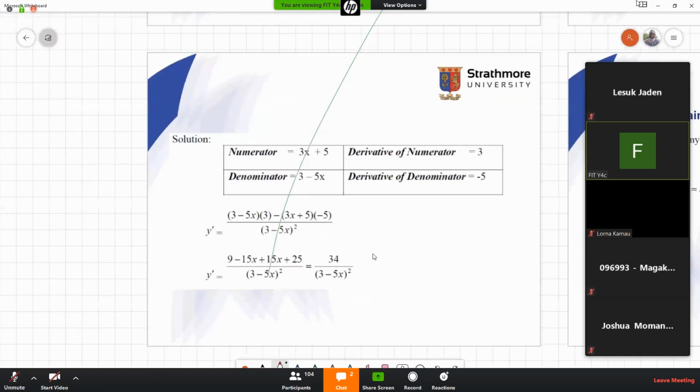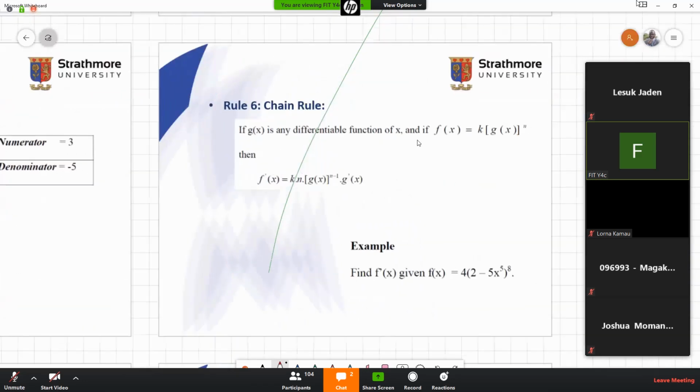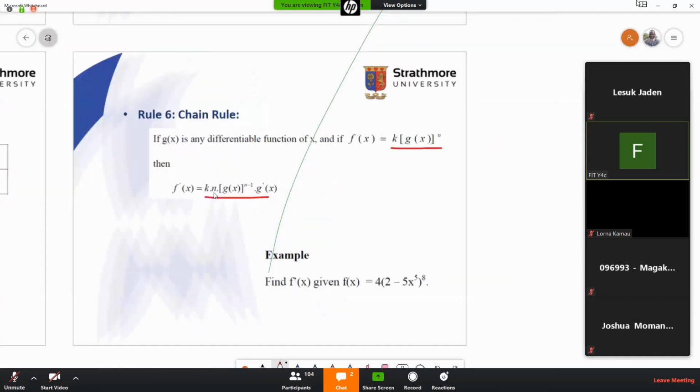Then finally, another important one is called the chain rule. Okay, so if I have a function in this format, okay, there is a constant and then the function raised to a power, then I can just open it up like this. Okay, I can have k times n to the power.